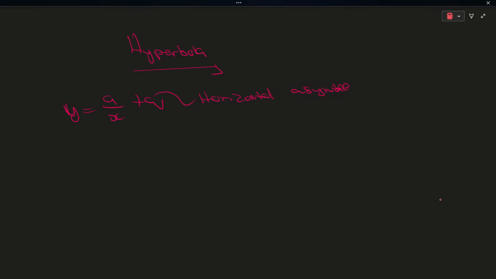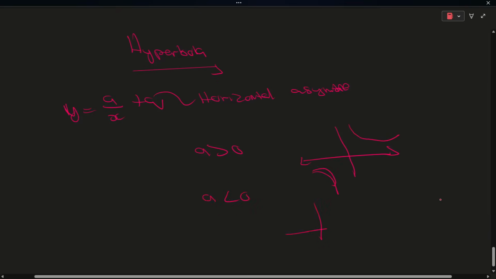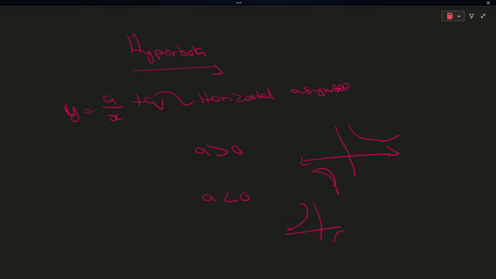When a is greater than 0, my graph will be in the first and third quadrants. But when a is less than 0, my graph will be in the second and fourth quadrants. I hope you get that.